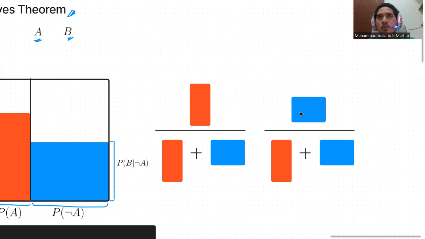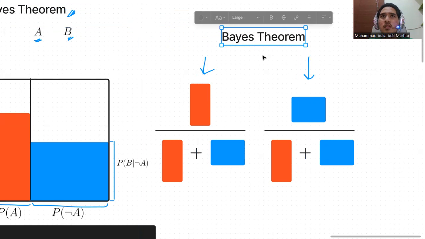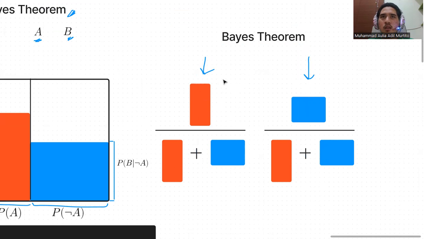And we could also calculate the blue rectangle divided by the red rectangle plus the blue rectangle. So you see here, Bayes theorem is either this calculation or this calculation.